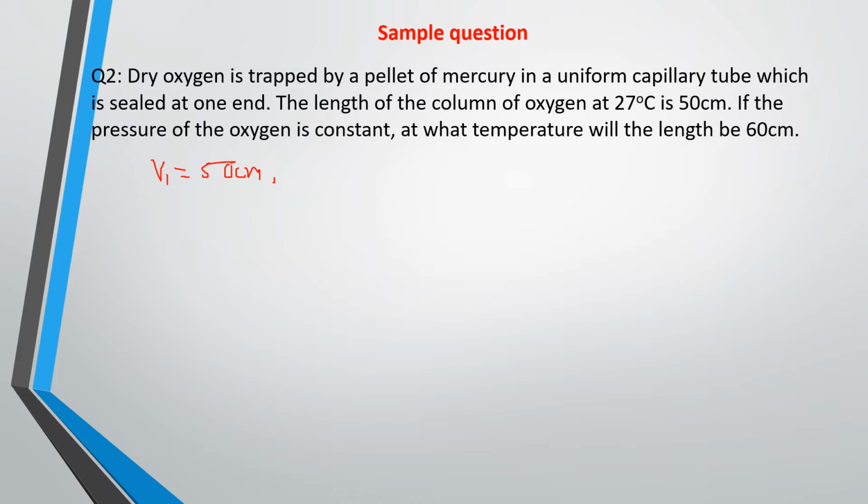Please pardon my writing. And then your T1 is equal to 27 plus 273. I hope you know why: we are converting it to Kelvin already. So that gives us 300 Kelvin.